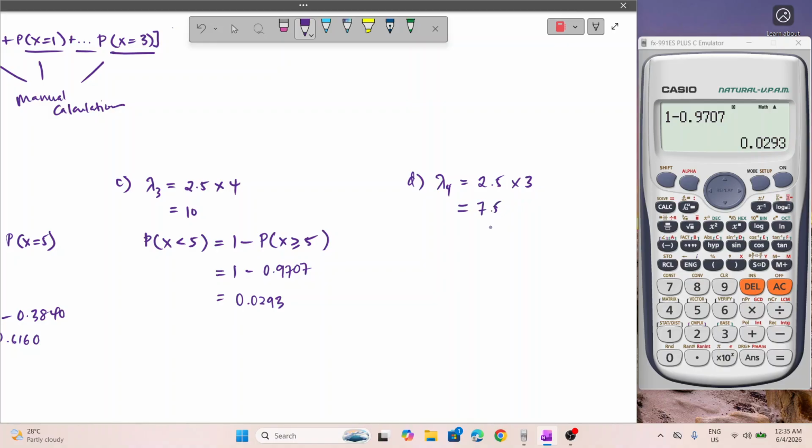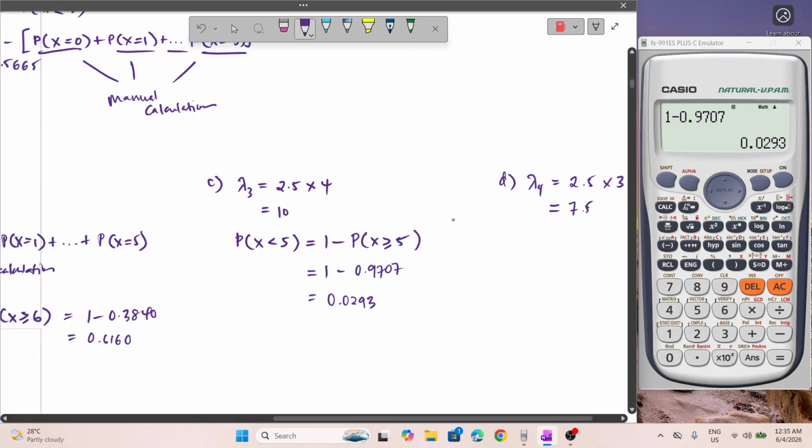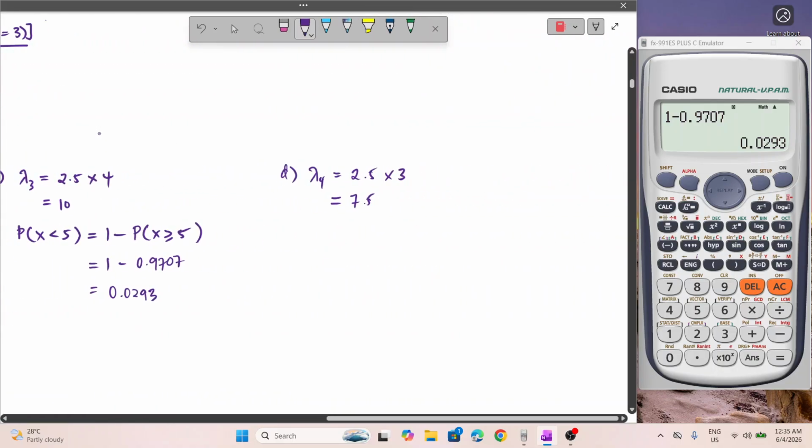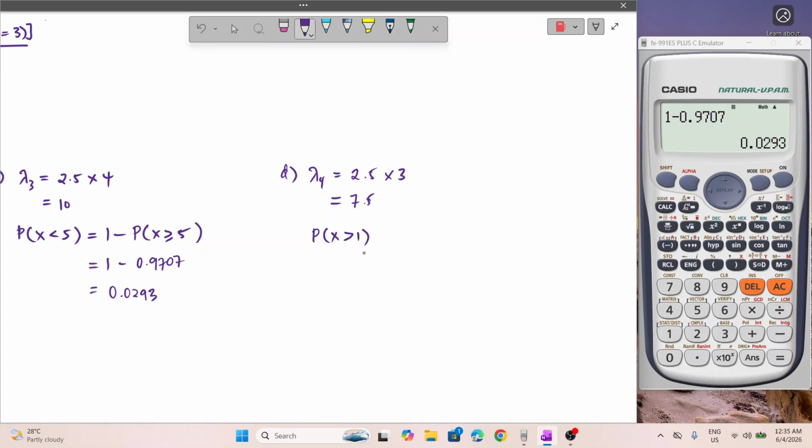All right. So you want to find again the more than one accident will occur in 3 weeks. More than one. So you want to find probability of x more than one.